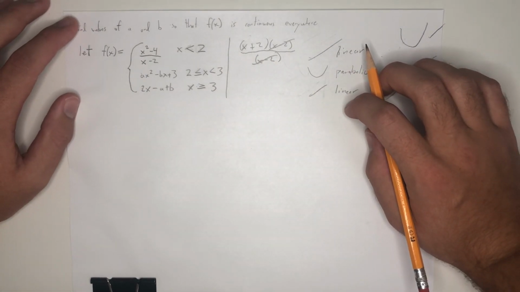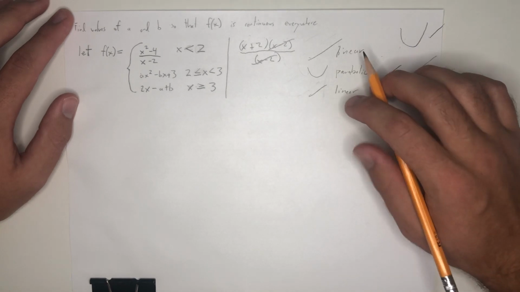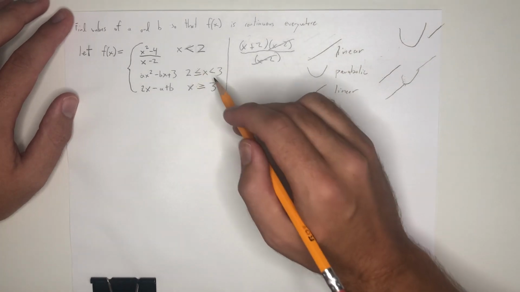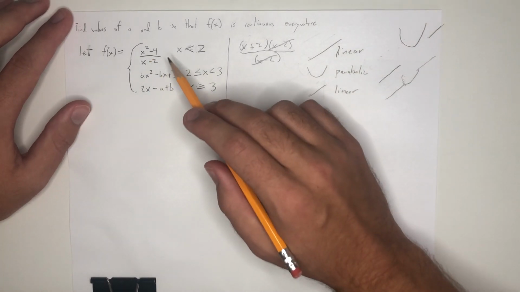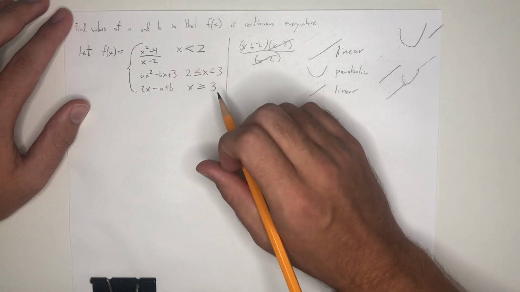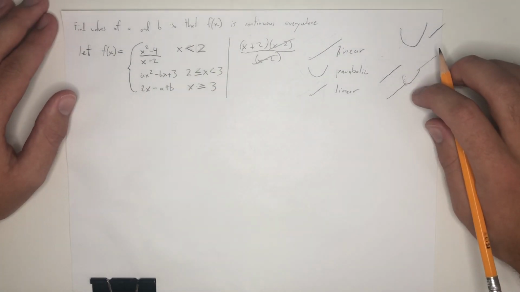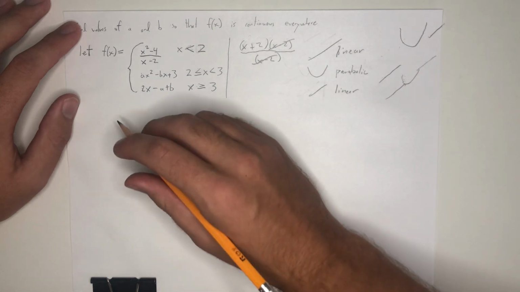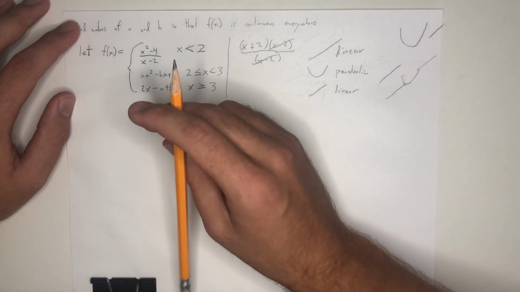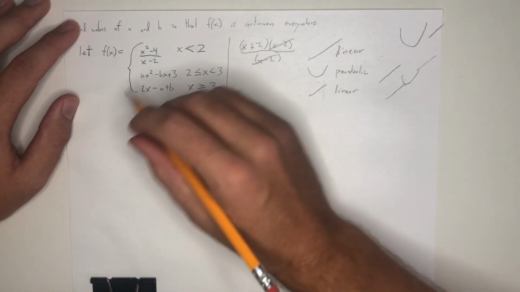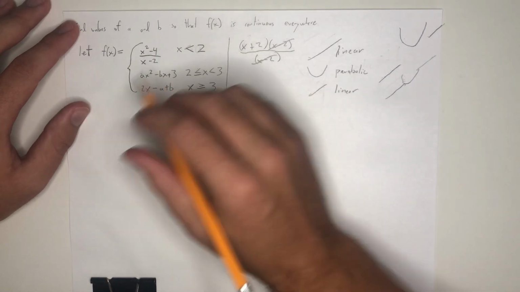So how are we going to do this? We're going to look at our points of interest, which are 2 and 3, and assess the right and left limits at these points. Let's start with our first point of interest, which is 2.